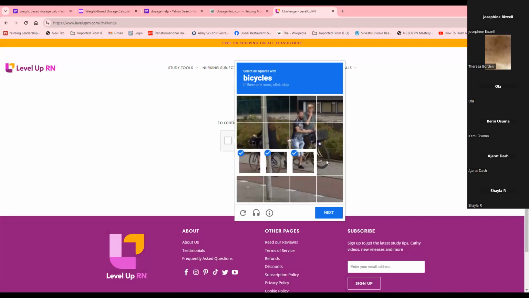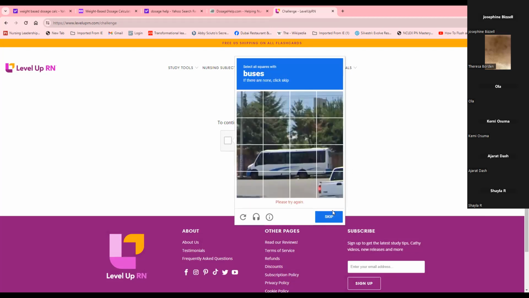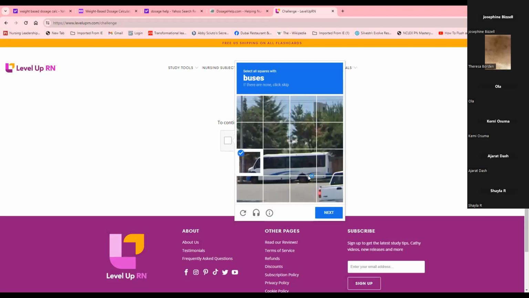Now, some of the questions I wrote for you guys only require you to calculate the first part of the question. You don't have to determine how many mLs you're going to give per hour. You just have to determine the weight.